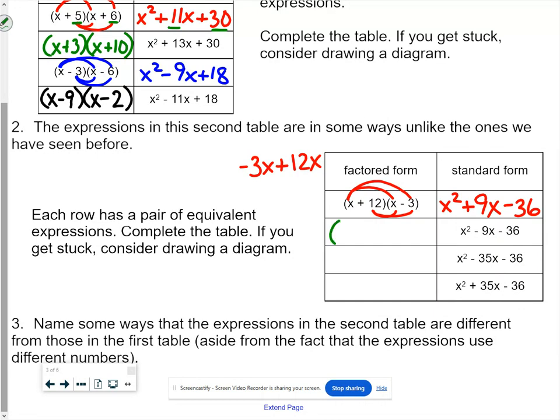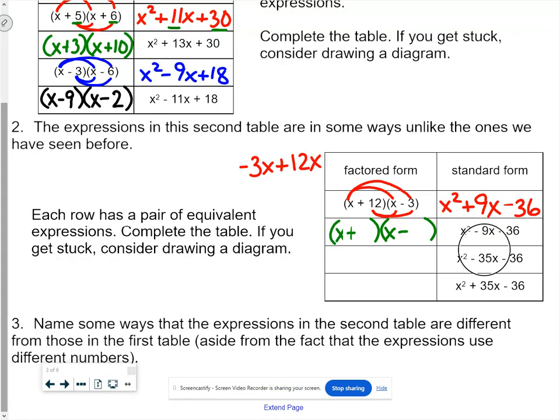So, again, this negative right here tells me that I'm going to have different signs. I don't care if you put the plus in the first one and the minus in the second one, or the other way around, does not matter. But this negative tells me that the bigger number is going to be negative. I'm going to have more negatives.